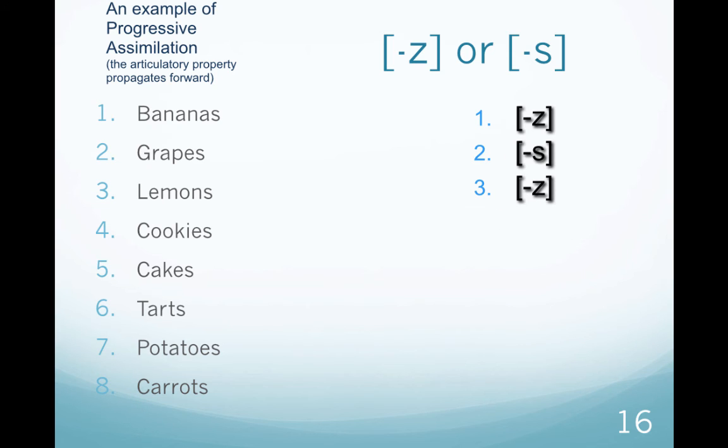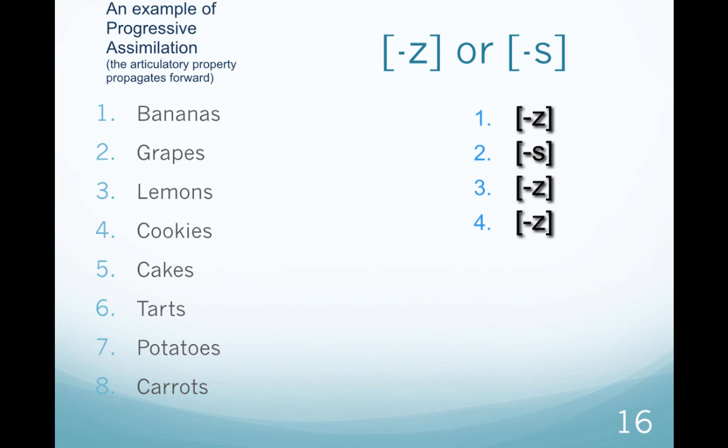How about lemons? Z. Yes, z. Why? Because n is voiced. It gives its characteristics of voicing to the plural. What about cookies? Voiced. Yes. The e in cookies is certainly voiced because all vowels are voiced, so it propagates the characteristics to the s. What about cakes?